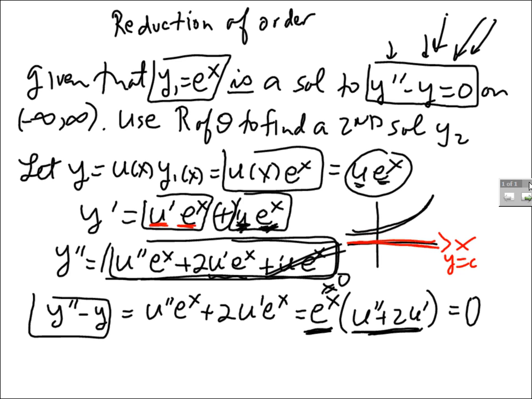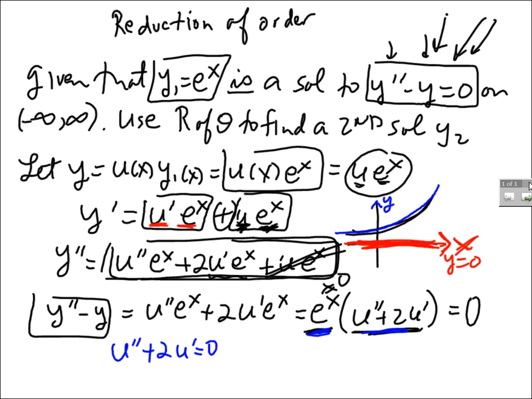The equation of the x-axis is y equals 0. These y values are all bigger than 0. In particular, they're never 0. So if this times that equals 0, it must be that the other factor equals 0.